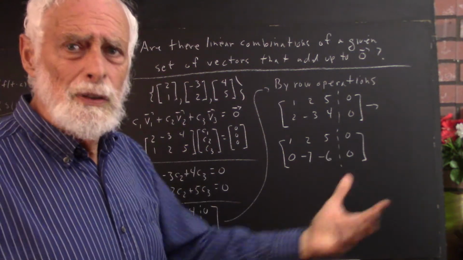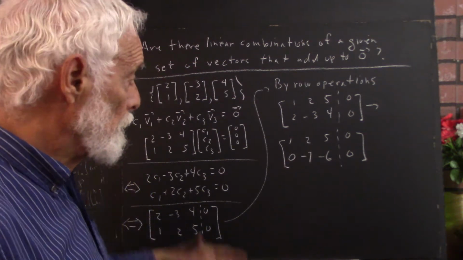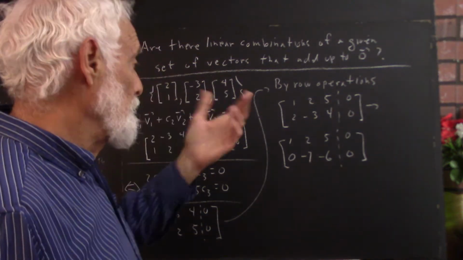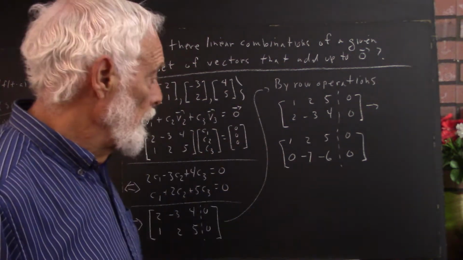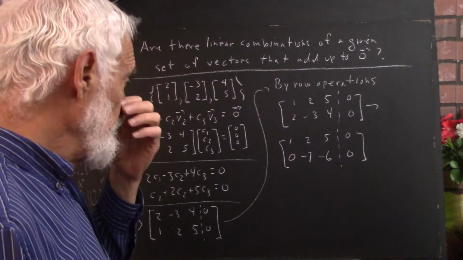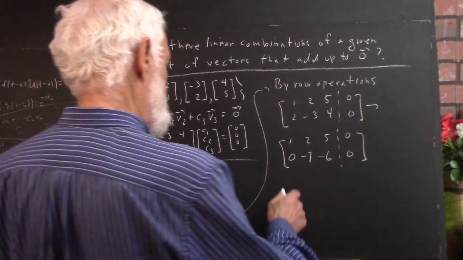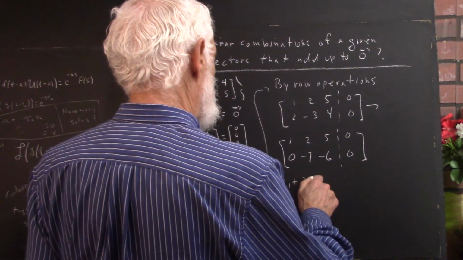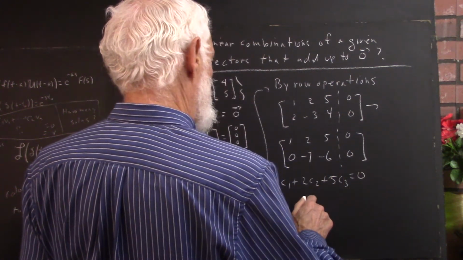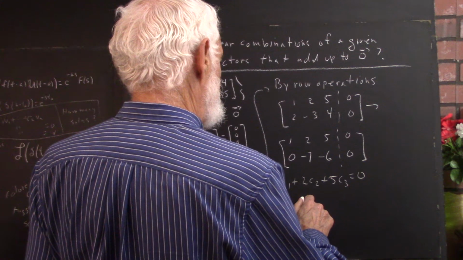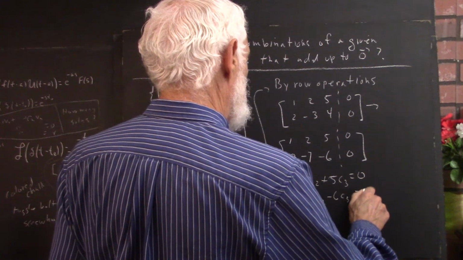Jordan, it's always pronounced Jordan, you know, a couple hundred years ago when I was in school. And it's the way I tend to pronounce it. But whichever. We could reduce it all the way down, but at this stage we see that we now have a system that's equivalent to C1 plus 2C2 plus 5C3 equals 0, and negative 7 C2 minus 6 C3 equals 0.